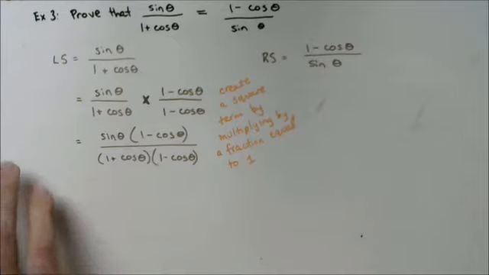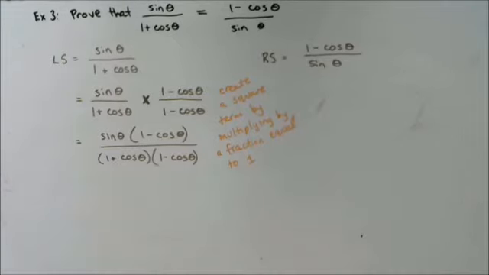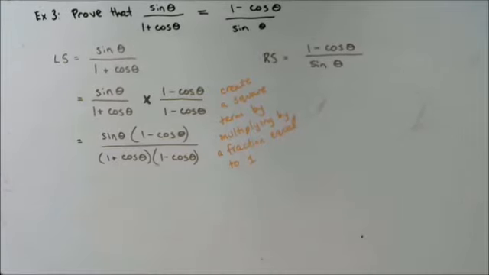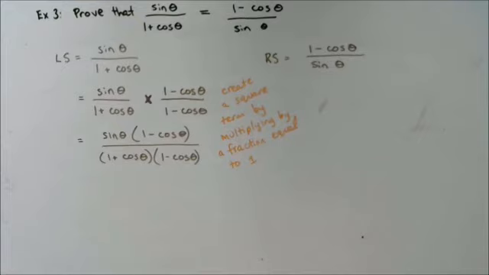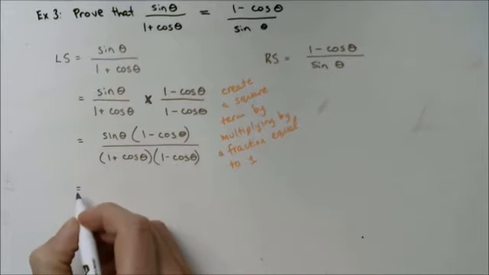Again, that's not something that's immediately evident to you if you've never done problems like this before, but now it's a tool that you have that you can use as you move forward in your practice problems. So let's go ahead and simplify this left side a little bit further.